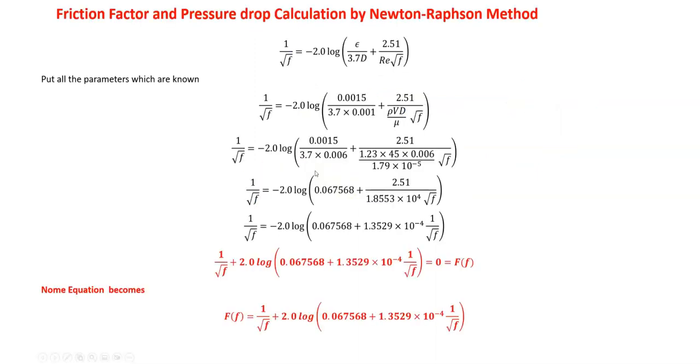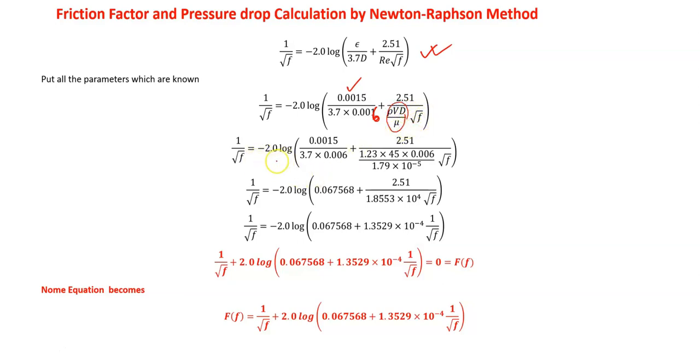Now coming back to the friction factor calculation by the Newton-Raphson method. So we have this equation, right? Now if we put in all these parameters that are given: 1 by root f equals minus 2 log of epsilon, which is given as 0.0015 meter, divided by 3.7 d, plus 2.51 divided by Reynolds number rho v d by mu times root f.